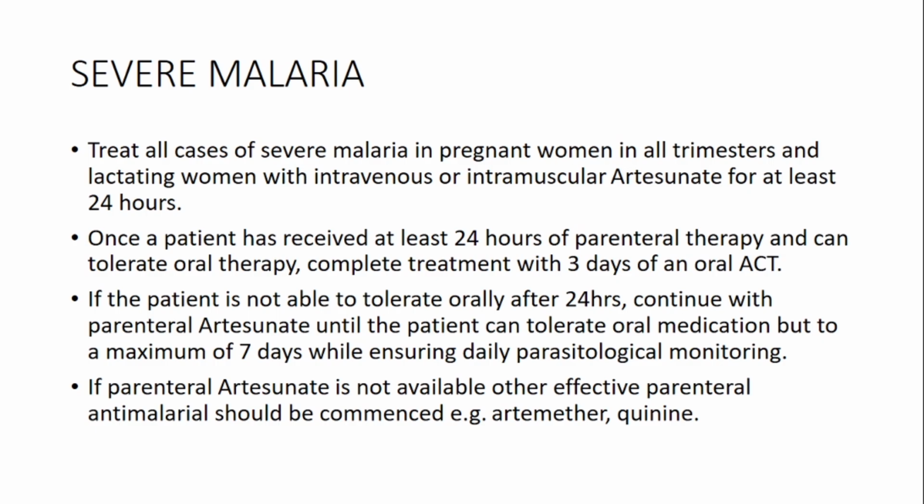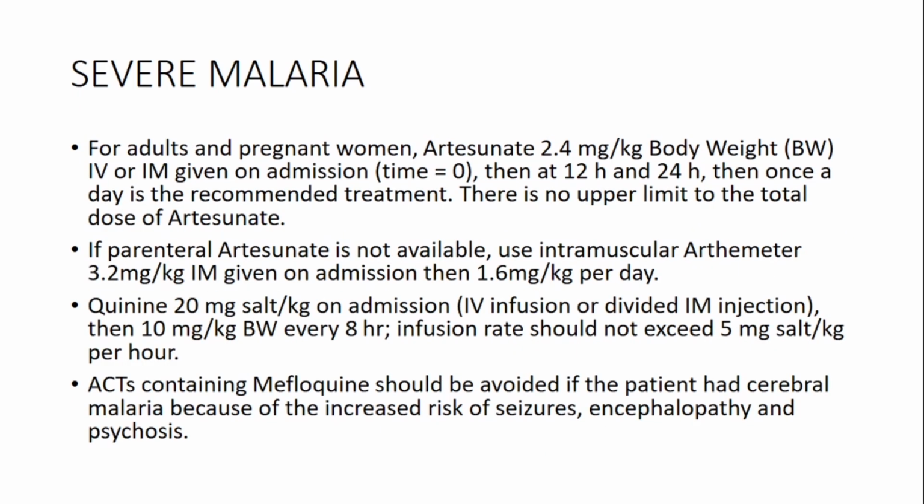However, if she's unable to tolerate this after 24 hours, then one will continue with artesunate until the patient is able to tolerate orally. If artesunate is unavailable, or if there are any other contraindications to its use, other options include the use of intramuscular artemether and intravenous quinine.